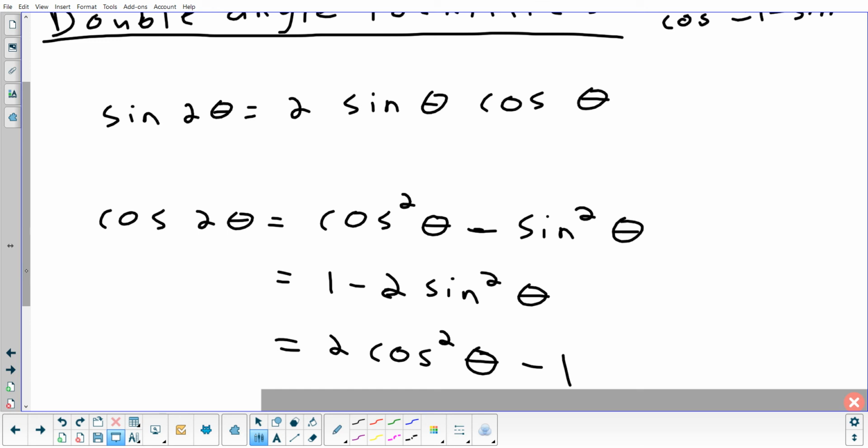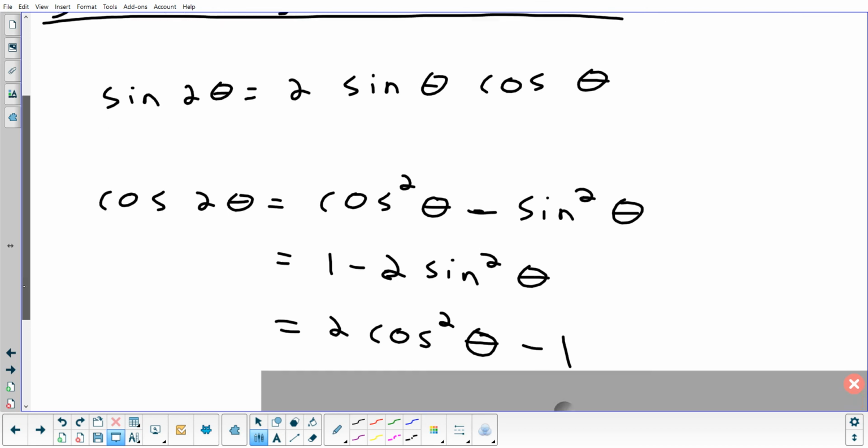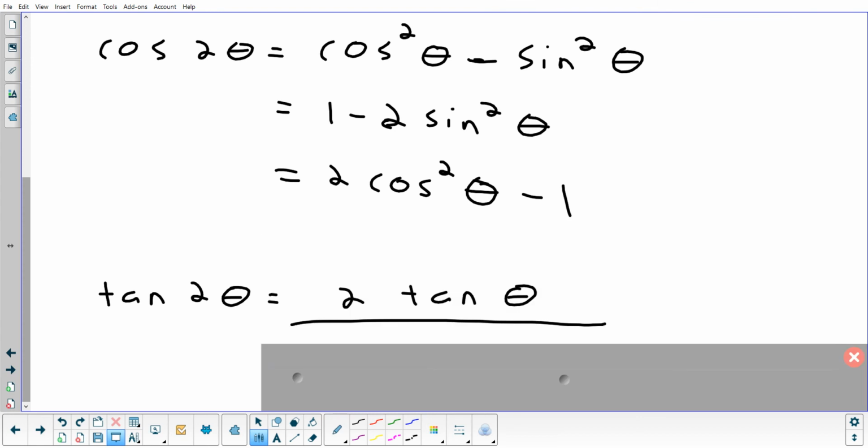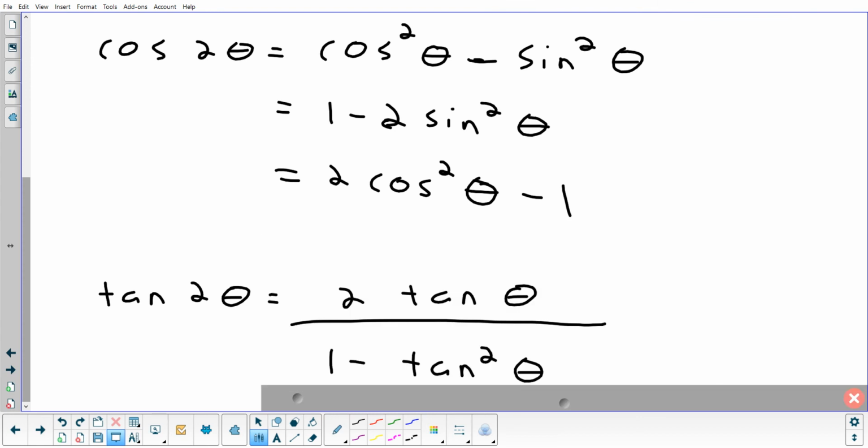depends on the problem. If I was trying to verify something and I saw cosines in the final answer, I'd probably use the bottom one. If I saw sines in the final answer, I'd probably use the middle one. And the last one, again, the tangents, those aren't really identities that we use a lot.